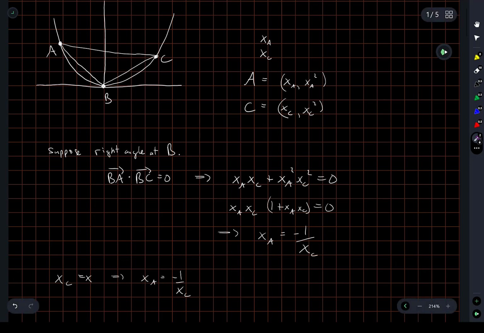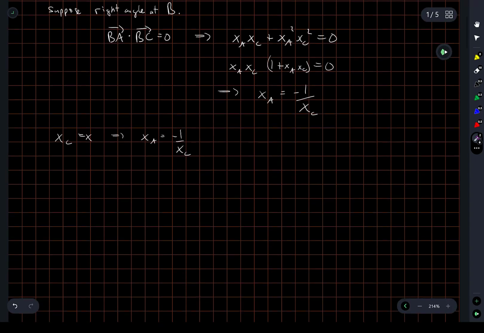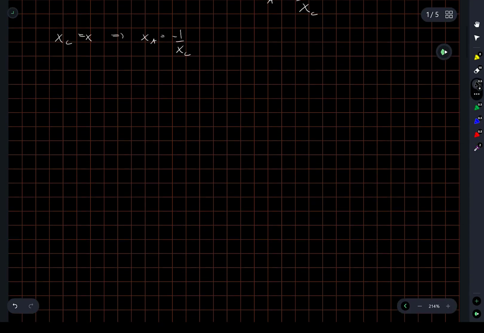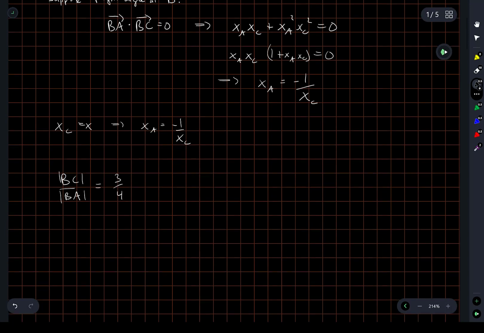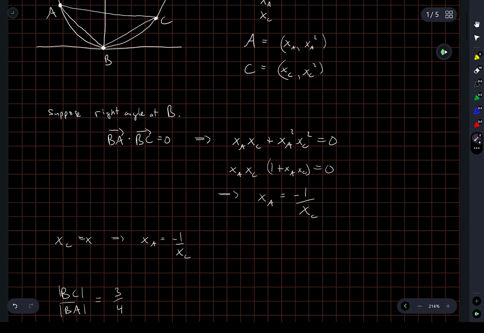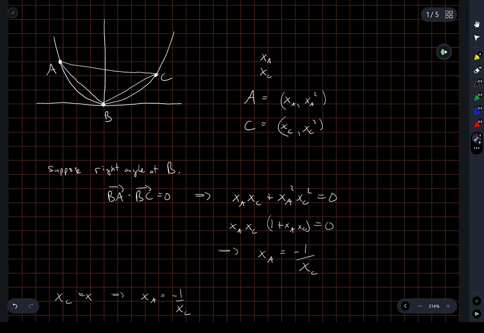So I'm going to write down the ratio between the length of BC and BA. I need the length of BC divided by the length of BA to be equal to 3 over 4 or 4 over 3, right? We need ABC to be similar to a 3, 4, 5 triangle.